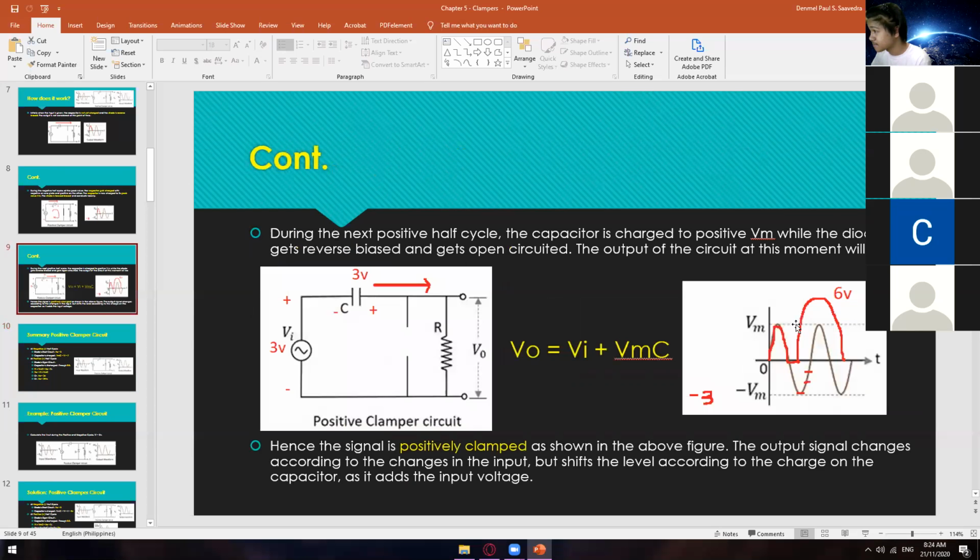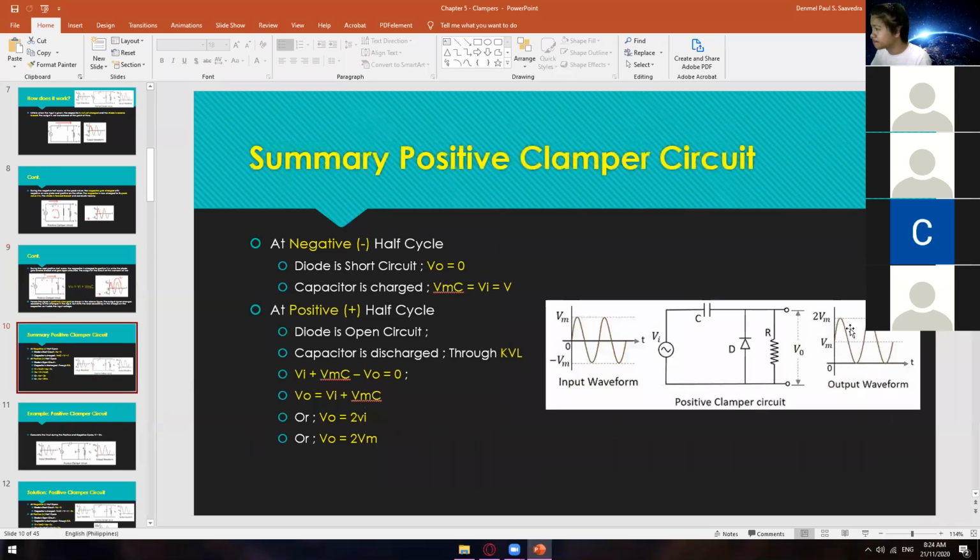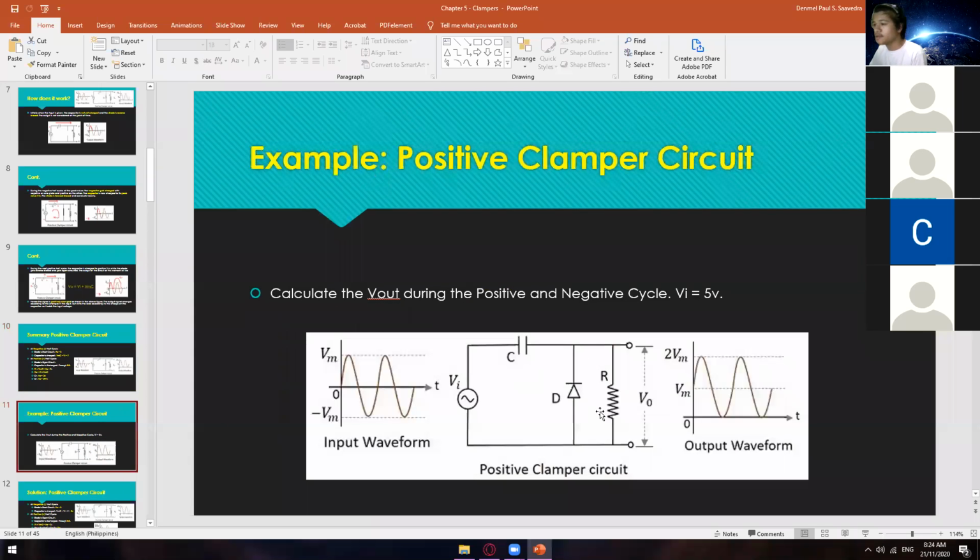Or during the V peak of the negative cycle, which is negative 3. So from here to here, and then we now have a complete loop. It's like this. Again, you must always start with a cycle wherein we are charging the capacitor.